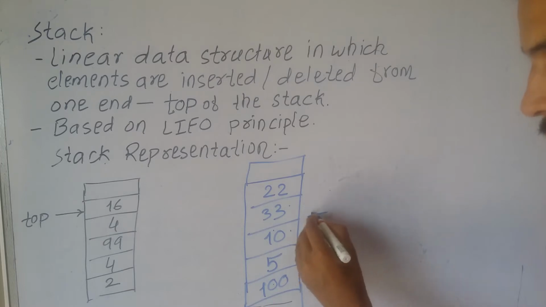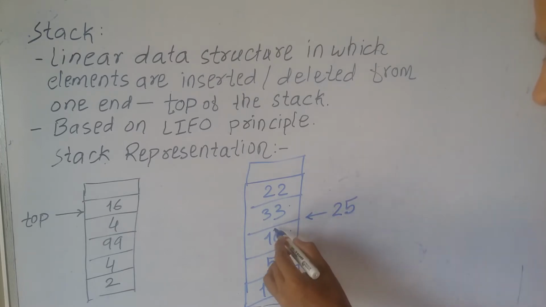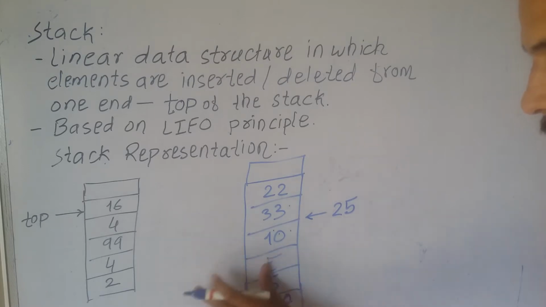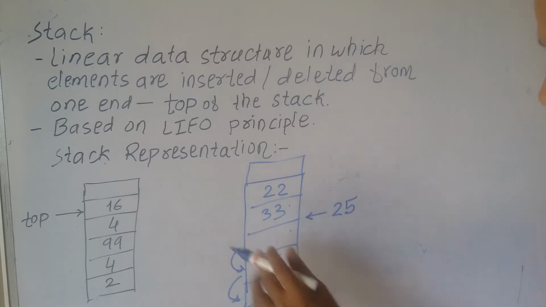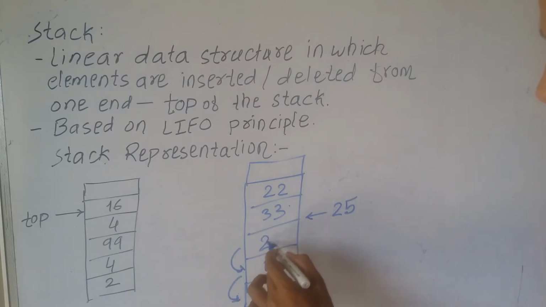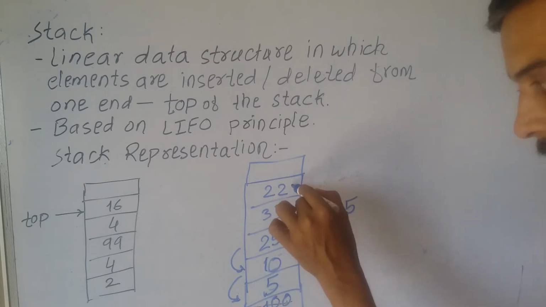If I want to insert 25 over here, I have to shift 10 over here, 5 over here, 100 over here. So I will shift like this, 10 in this way, and now the space gets created, and that 10 I overwrite by 25. So in this way I can insert an element in the array anywhere.